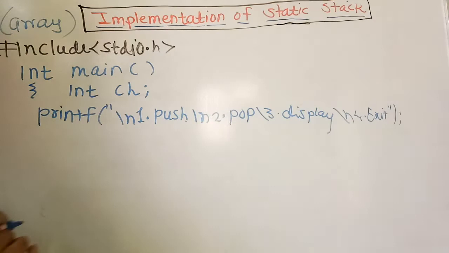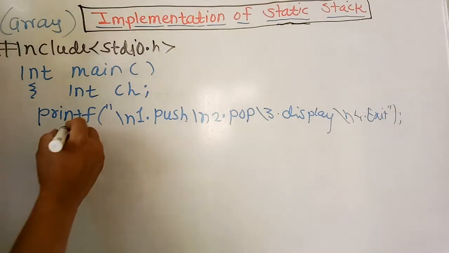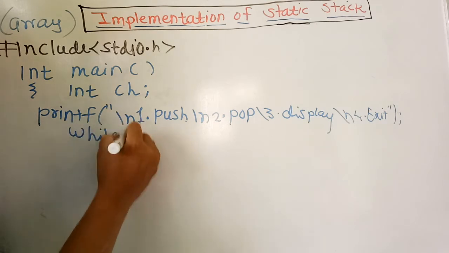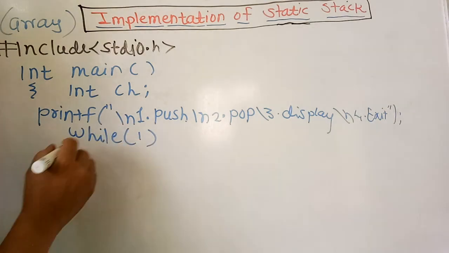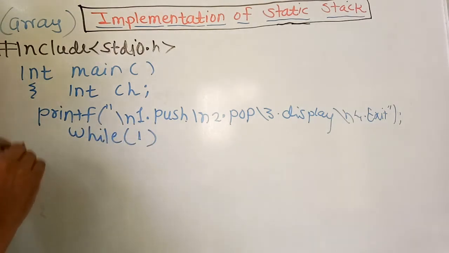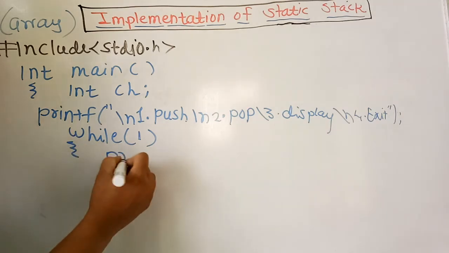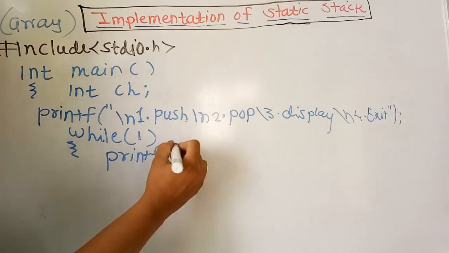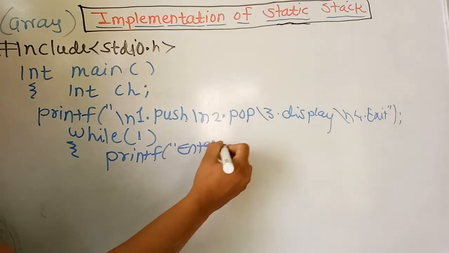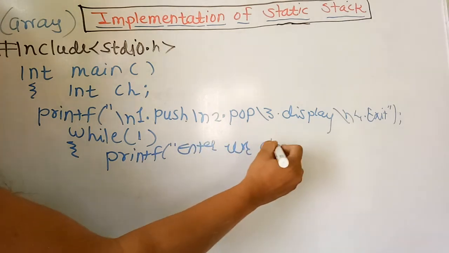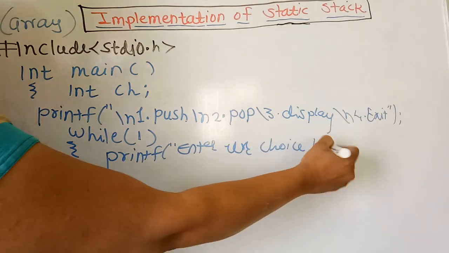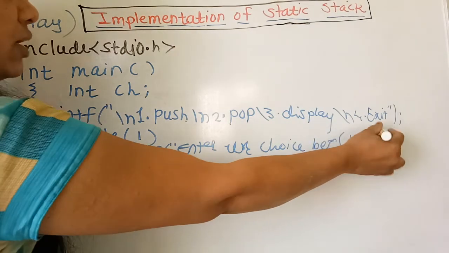Now we continue this procedure until the user chooses exit, or while the condition is true, this loop will be automatically executed. Now in this we will write printf enter your choice between. We have to provide the option numbers for easy handling of the program.